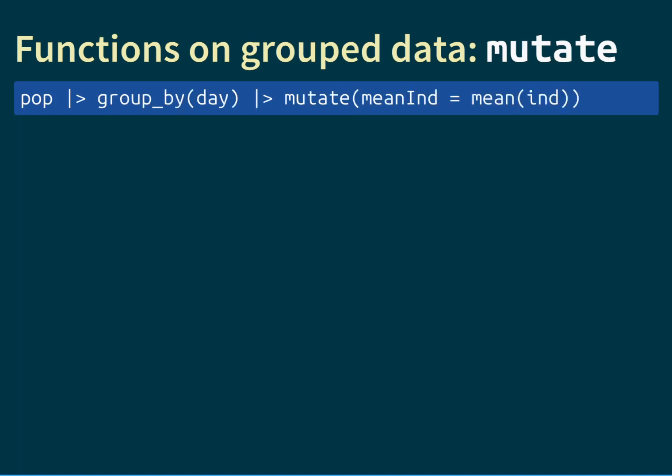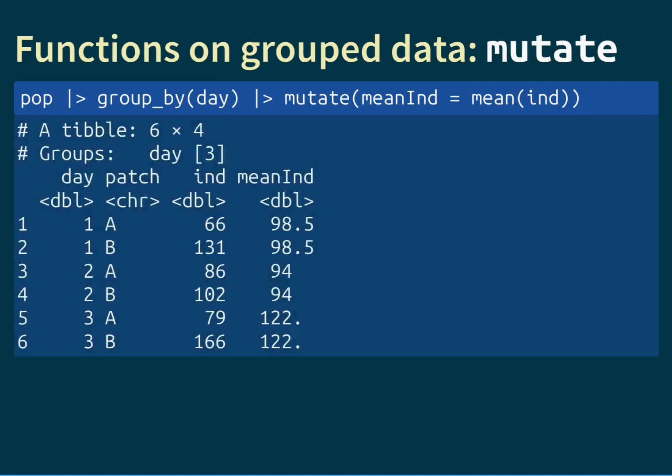If instead we first group the data by day and then mutate on the mean number of individuals, then the output is different depending on which day we are at. Namely, for day 1, we only compute the average of number of individuals on that day, namely across patches A and B. So we get the average of 66 and 131, and that is 98.5, and that will be the result in both rows 1 and 2, namely those rows that belong to the same day.